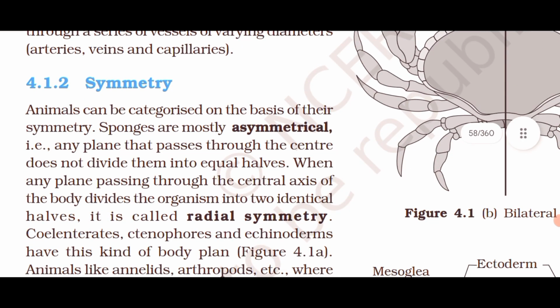4.1.2 Symmetry. Animals can be categorized on the basis of their symmetry. Sponges are mostly asymmetrical, that is, any plane that passes through the center does not divide them into equal halves. When any plane passing through the central axis of the body divides the organism into two identical halves, it is called radial symmetry.